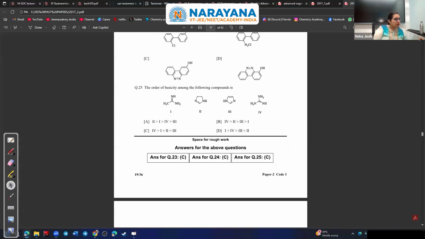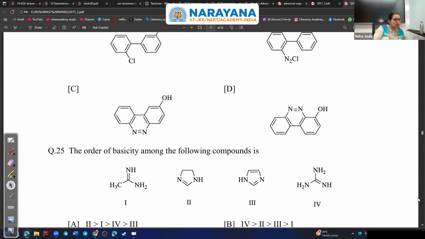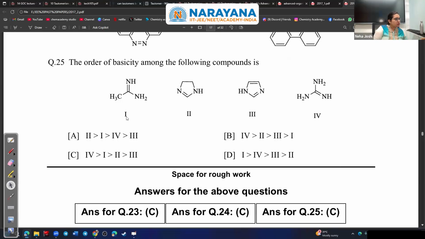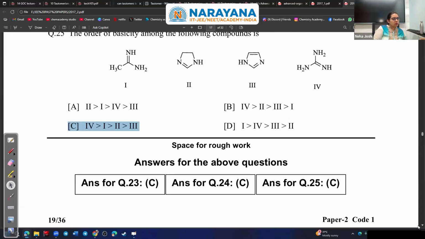Section 2. Here I got 25. Answer is C. Let me get it very clear for you. The order of basicity, C, what it is, 4, yes, then 1, amidine, yes, then 2, and then 3. Yes. Right? So answer was C. Question number 25, answer was C.